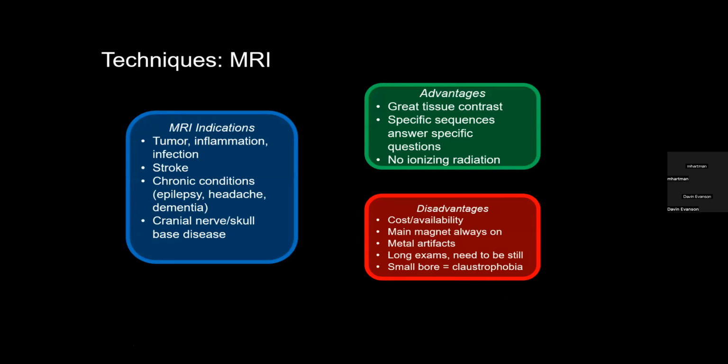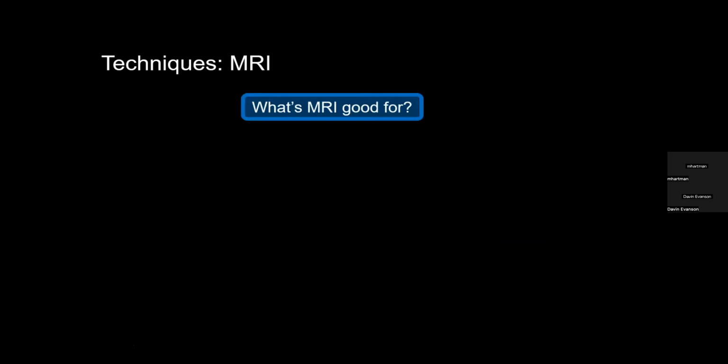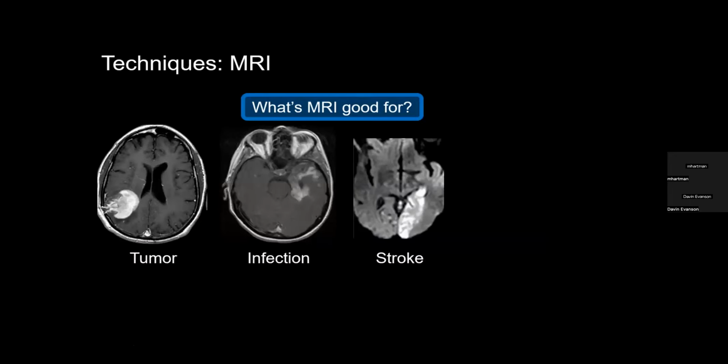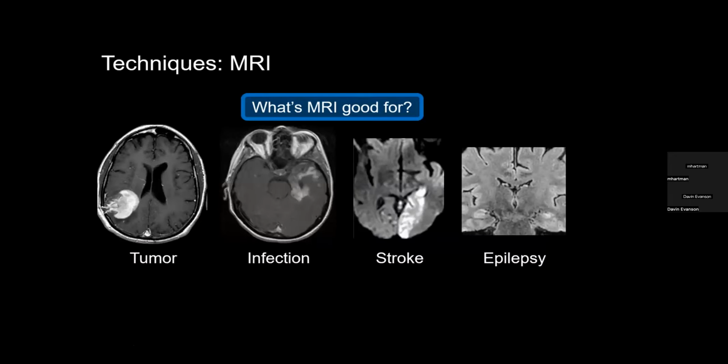If you have any metal in your eyes, here in Pittsburgh, we have a lot of steel workers, we have to tell patients that if they get metal fragments in their eyes, it's not a good idea to be in an MR scanner, and we will have to do a CT instead. So MRI, great for tumor, infection, stroke, epilepsy workups.